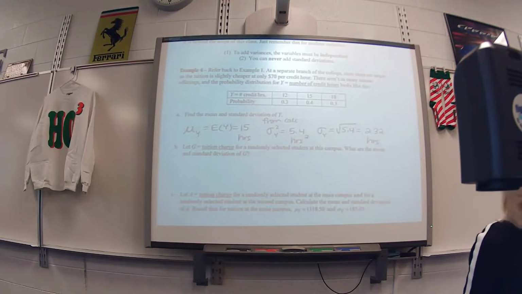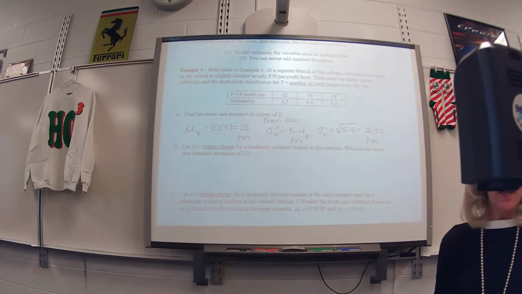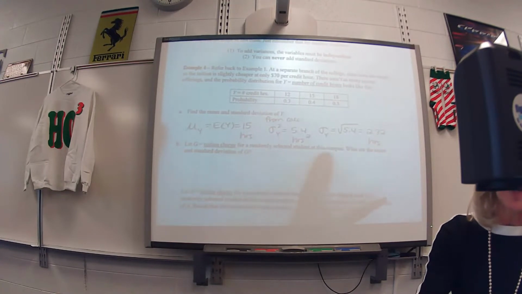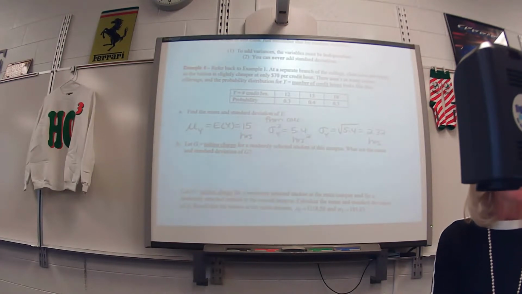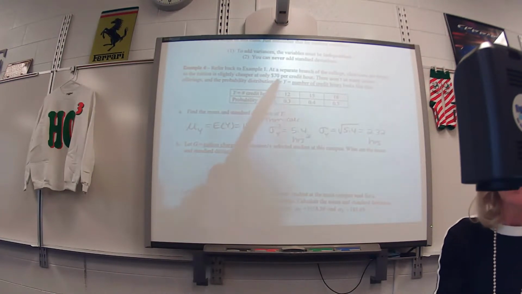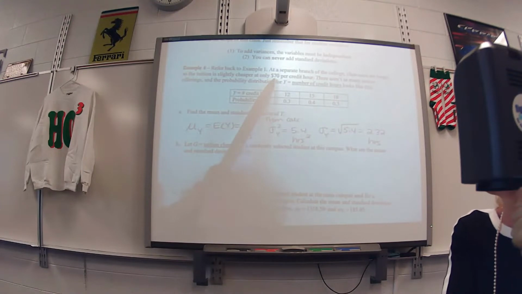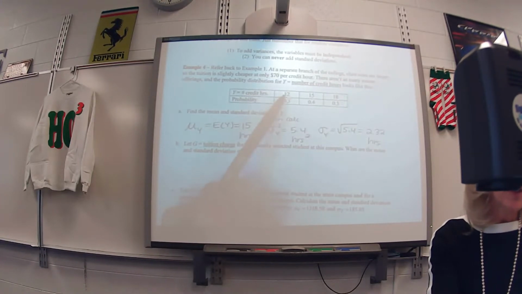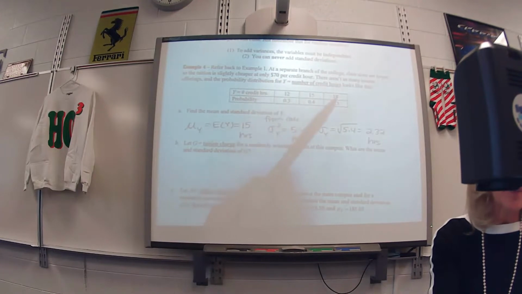Now, G is the tuition charge for a randomly selected student at this campus. What are the mean and standard deviation for G? If you have to pay $70 per credit hour, and you take 12 credit hours, you could figure out how much money that would cost you, right? 70 times 12, 70 times 15, 70 times 18.